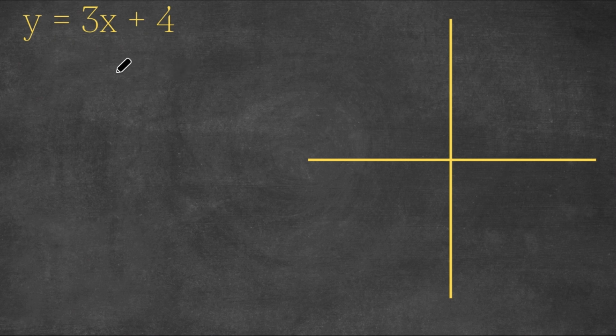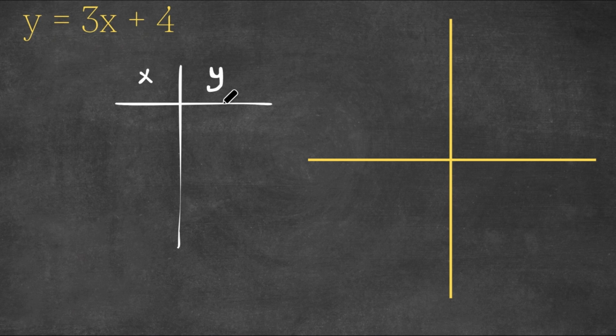So we have our table here with our x and y values. So let's first start with 0. If x is 0, 3 times 0 is 0 plus 4 is 4. So if x is 0, y is 1, 2, 3, 4, so somewhere about here.